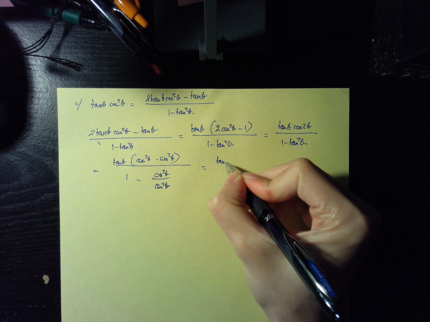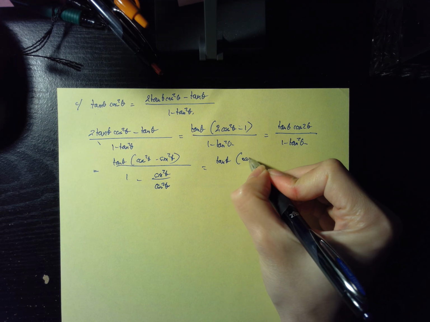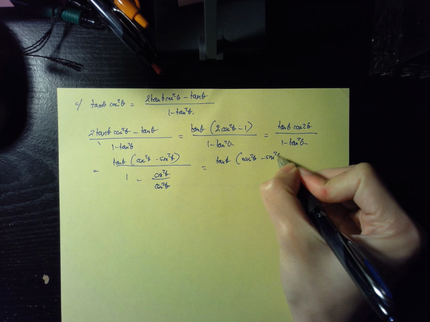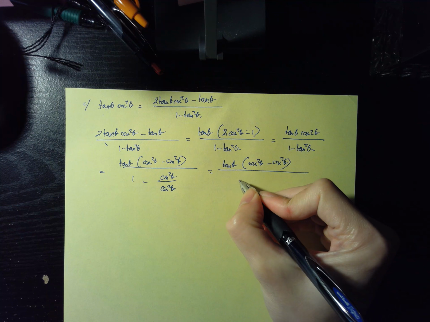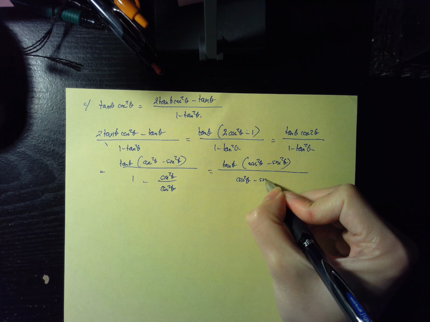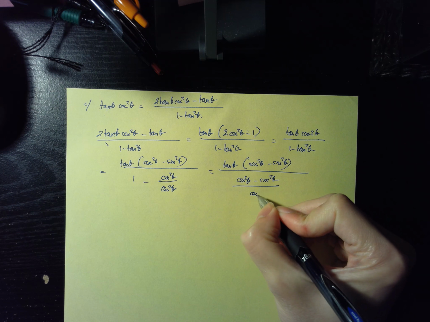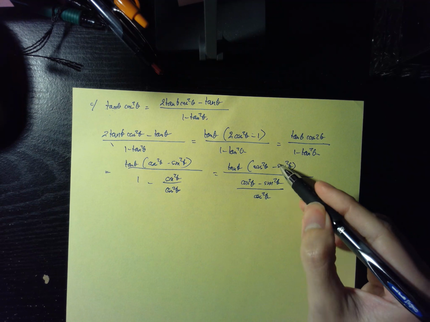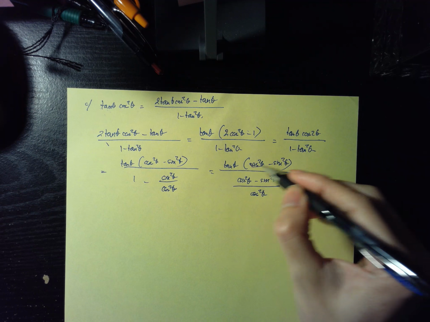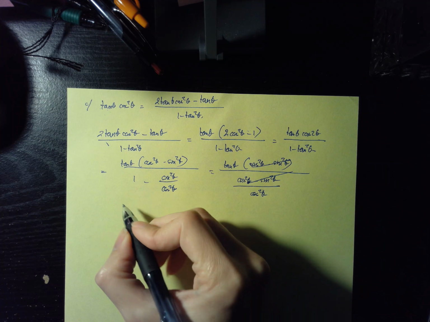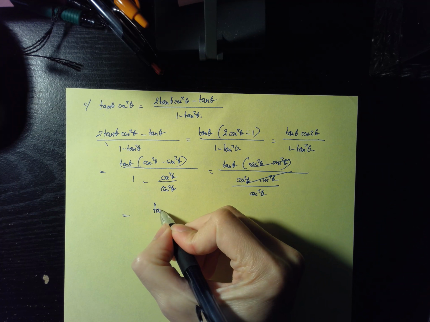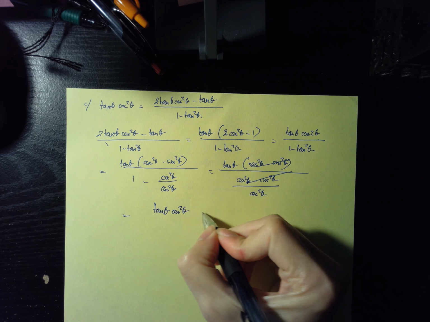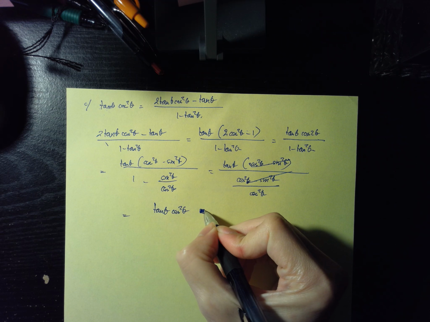Then you have tangent theta here, and this is cosine square theta minus sine square theta. You find LCD at the bottom, so you have cosine square theta minus sine square theta over cosine square theta, right? You find LCD over here, okay? And you see that you do keep change flip, you just cancel this out, so you will have tangent theta cosine square theta left, and that's it.